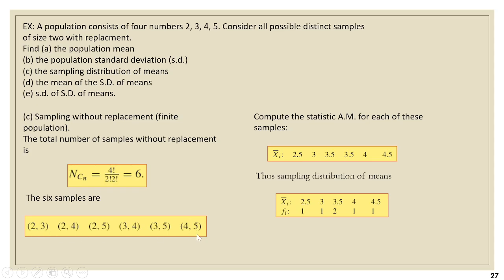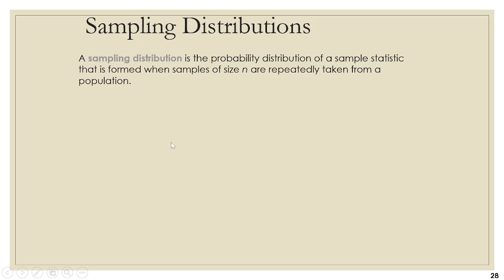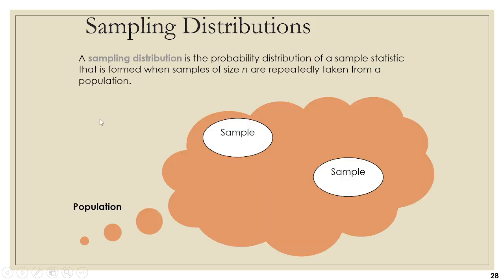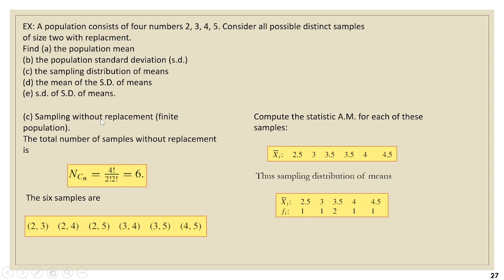So these are all the 6 samples we got, and from that we are going to find the mean and standard deviation of the population, and then the mean and standard deviation of the samples also. This problem we have already seen in the class, and it's very important also. That's the reason I'm not taking much more time to explain it.